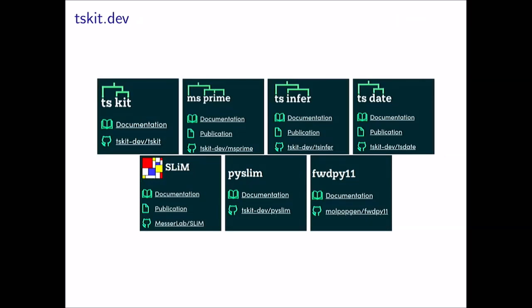This is my last slide, and what it is an advert for, well, tskit dev, really. This is a title as well as a URL. It's a consortium of software by now, which has methods built on top of it, which are using the sorts of data structures that I've been talking about.